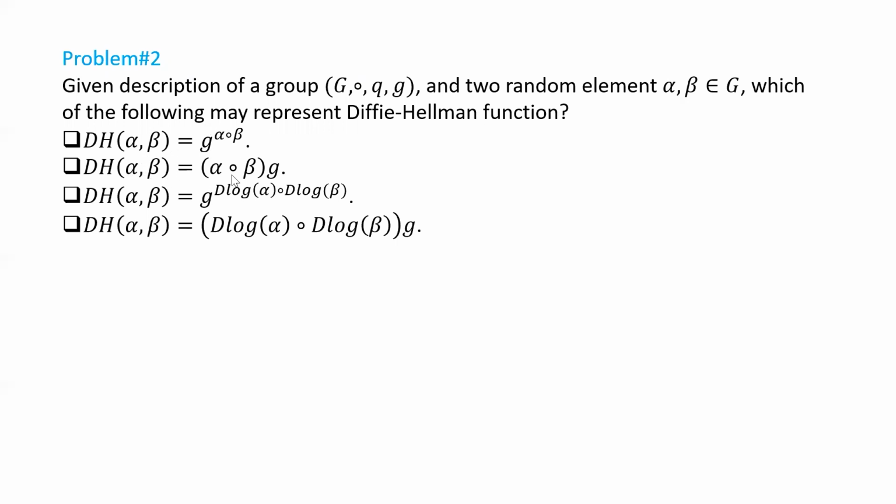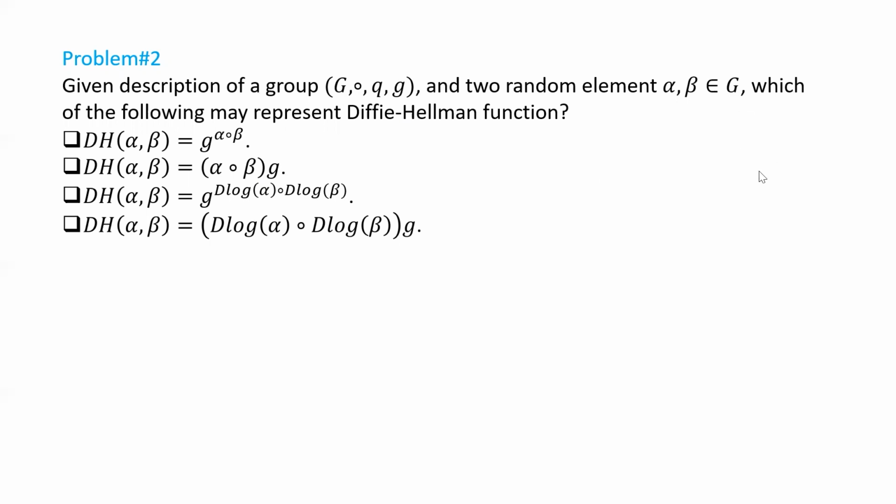Another is alpha, this binary operator, with g, which means basically that there can be two kinds of group, additive group and multiplicative group. By our notational convention, when we talk about a multiplicative group, applying the binary operator dot on the generator g itself, say i minus 1 number of times, will produce g to the power i.